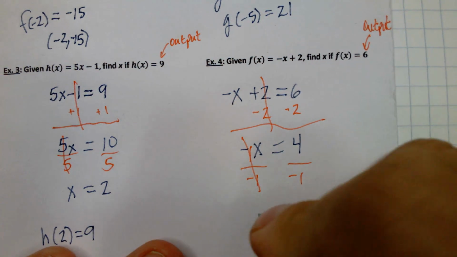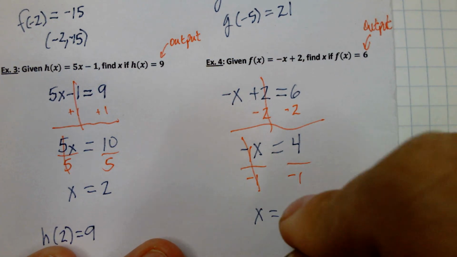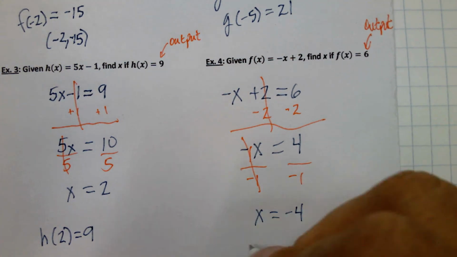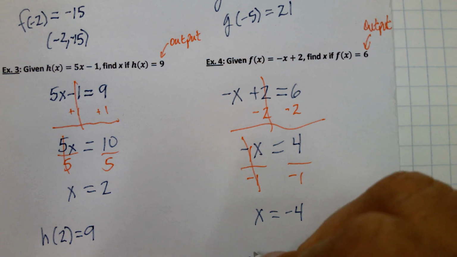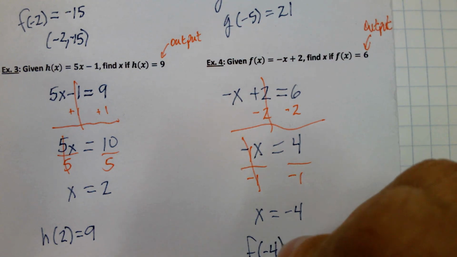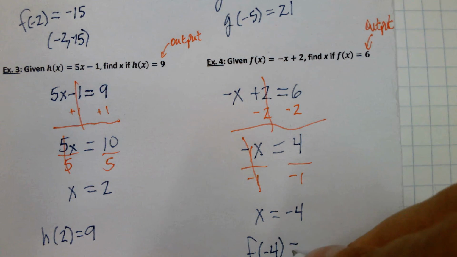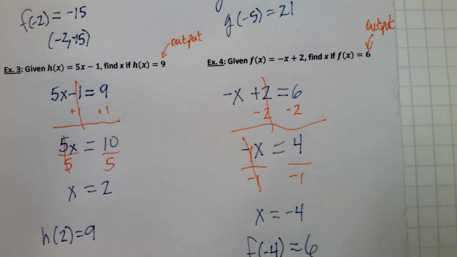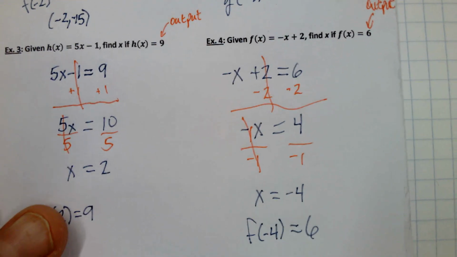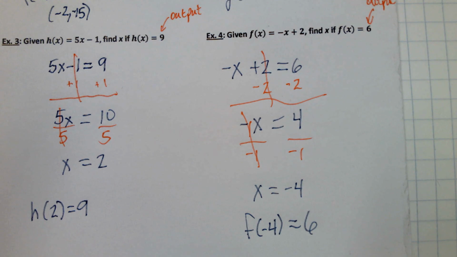And we get an answer of x equals negative 4. So now we could say f of negative 4, because that's what our input is, equals 6. Okay? All right.